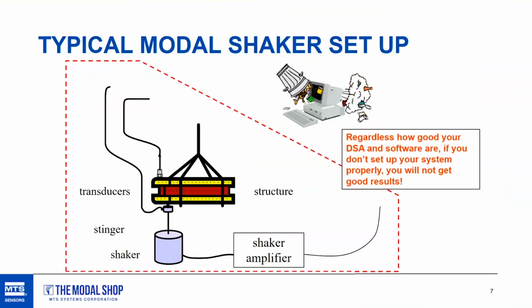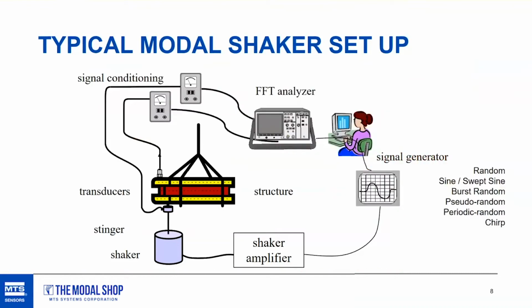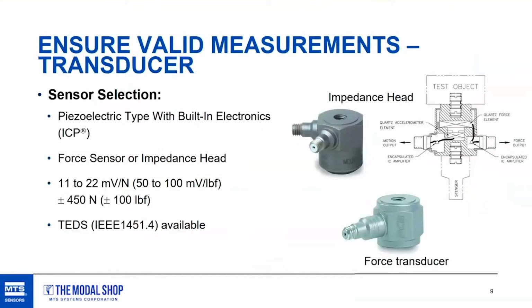So we're going to take a closer look at the different components of the modal shaker setup, starting with the transducers and highlighting the important aspects of each component. One of the first things we want to look at is sensor selection.